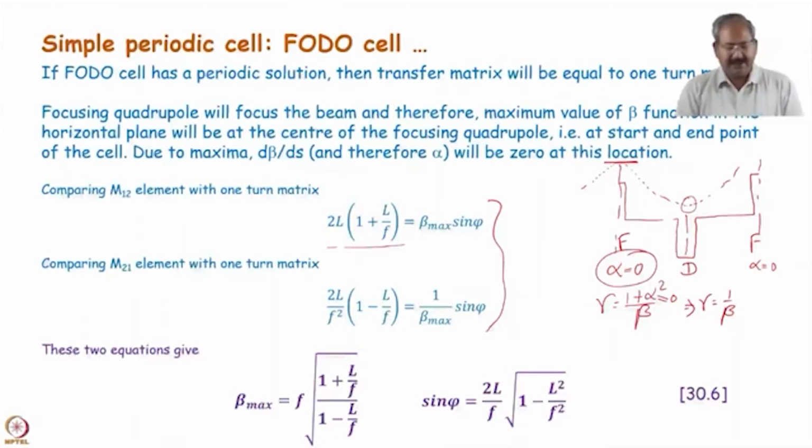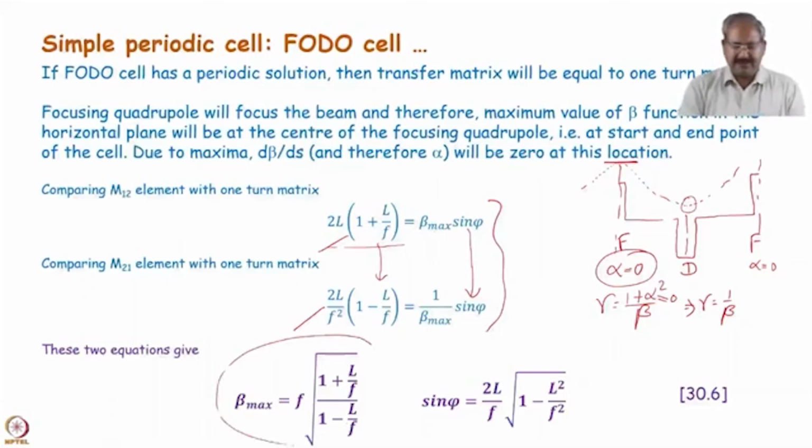Now, if we divide this equation by this equation, then sine phi will be cancelled out and only beta max will remain there with square sign. And here you will get 1 plus L by F upon 1 minus L by F. So this gives you the value of maximum beta at this point.